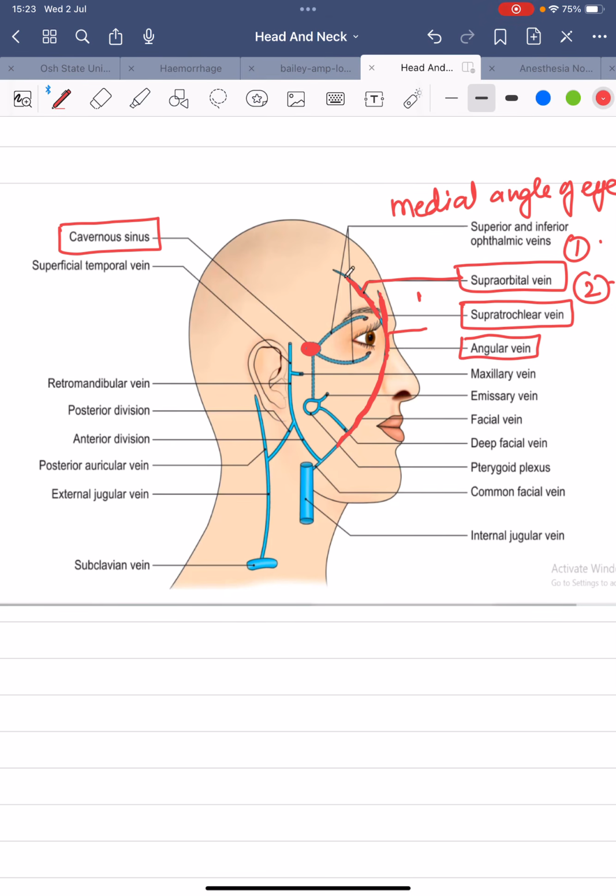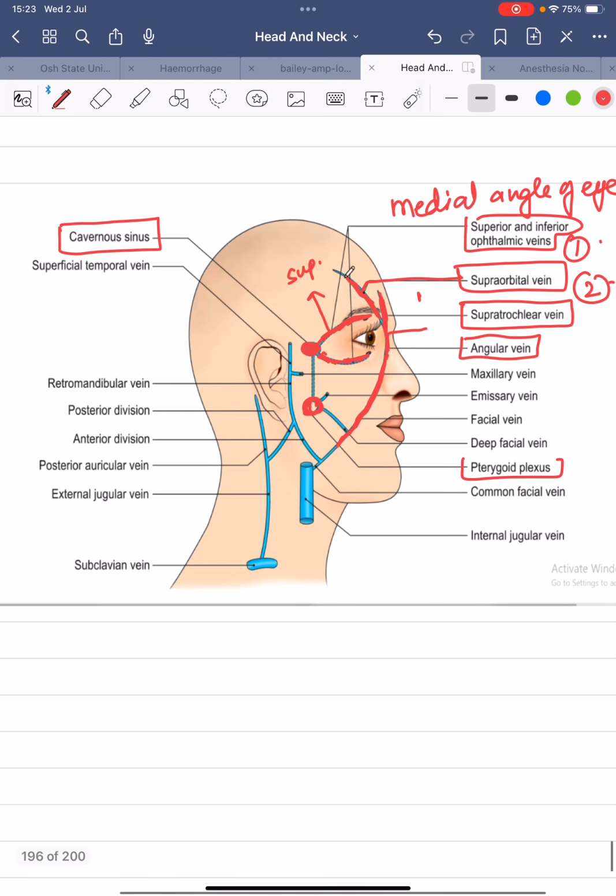It has a connection with the superior ophthalmic vein. So this is your superior ophthalmic vein, and this one is your inferior ophthalmic vein. This facial vein is connected to the cavernous sinus by the supraorbital vein, and it is also connected through this plexus, which I am showing in red color, known as the pterygoid plexus.